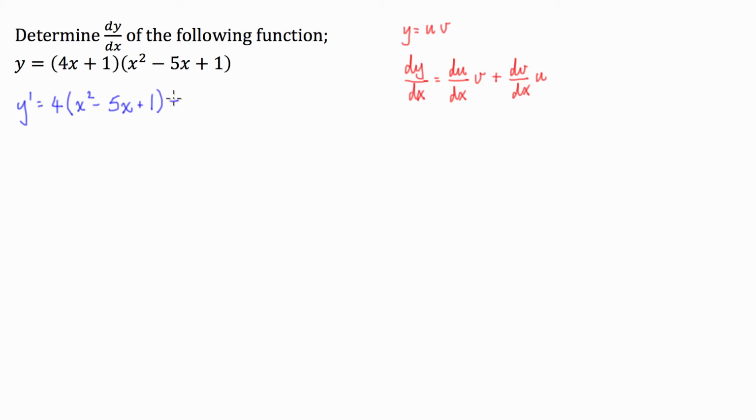Then we add that to the derivative of the second function, which is going to be 2x minus 5, times the first function being left by itself.